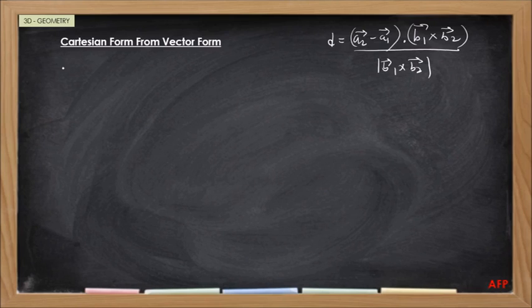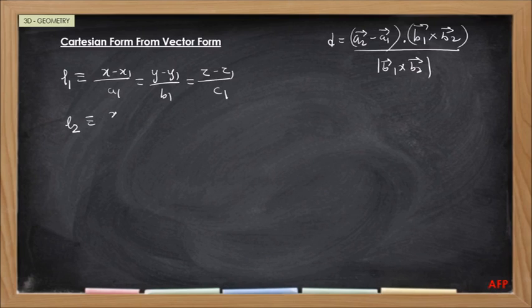Okay, now if L1 is given by (x minus x1) divided by a1, (y minus y1) divided by b1, and (z minus z1) divided by c1, and L2 is given by (x minus x2) divided by a2, (y minus y2) divided by b2, (z minus z2) divided by c2.